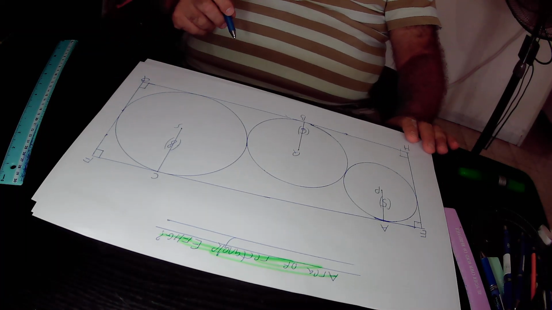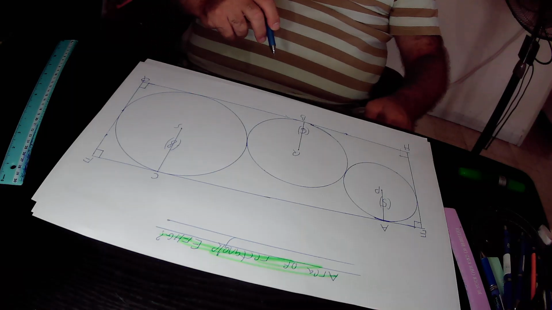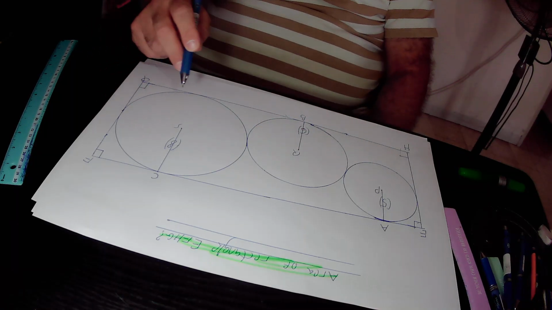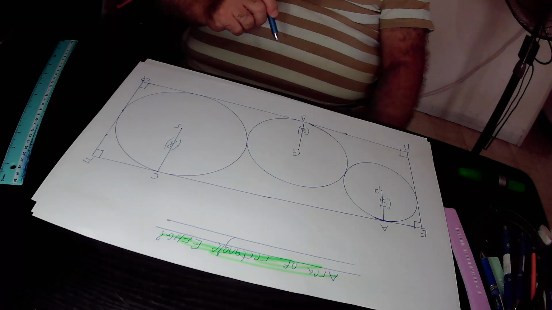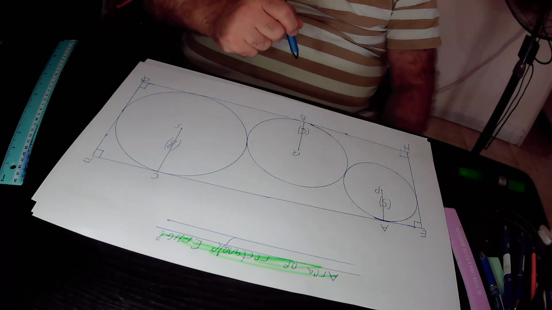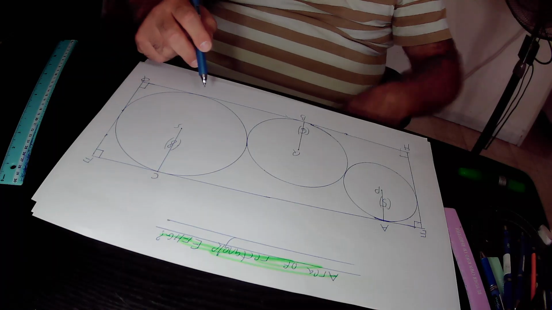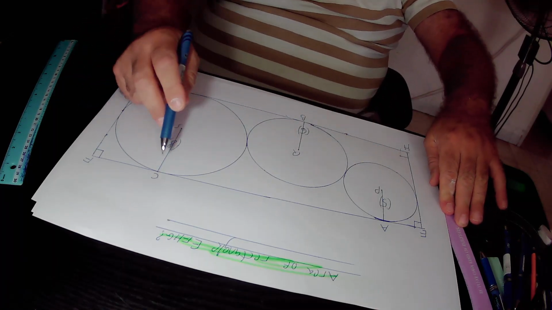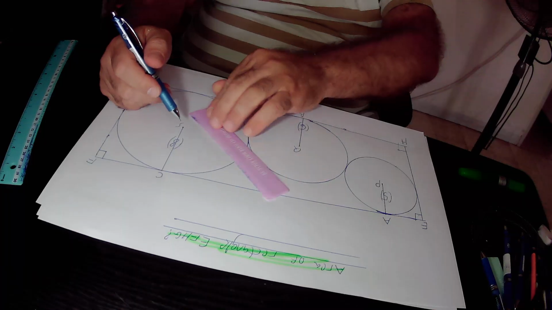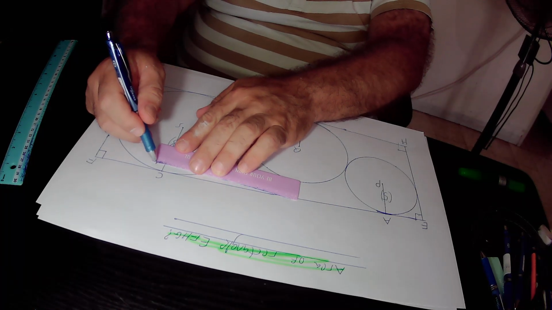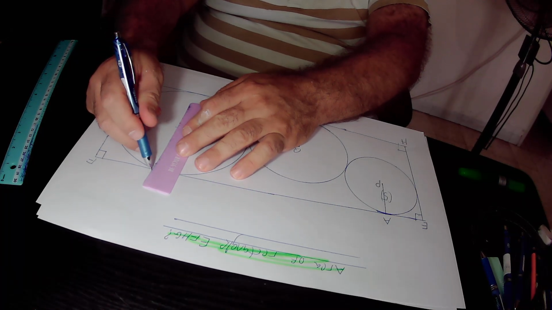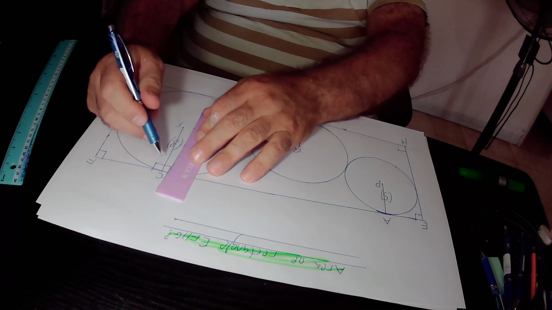The radius SC is drawn to point C, that is the point of tangency of tangent EF with this big circle. And whenever your radius is drawn to the point of tangency, then tangent EF will be perpendicular to the radius CS. If EF is perpendicular to CS, it means that this angle equals 90 degrees, and this angle also equals 90 degrees according to rule 1.